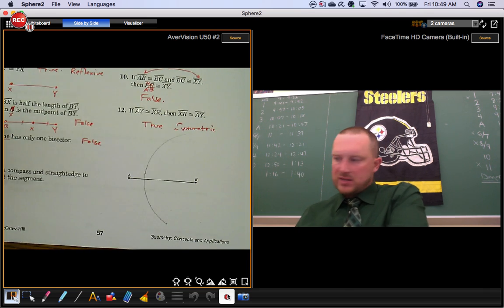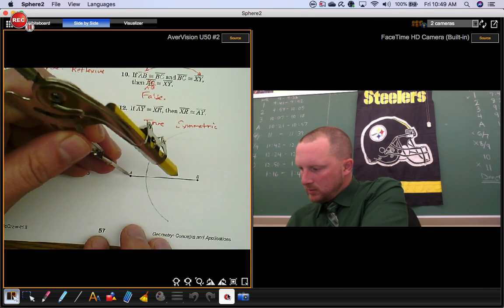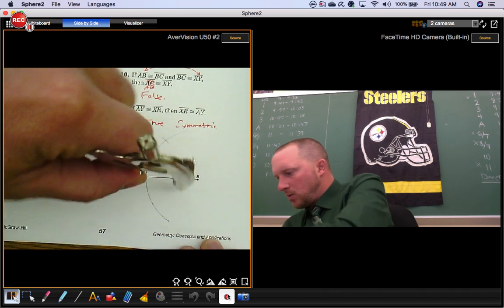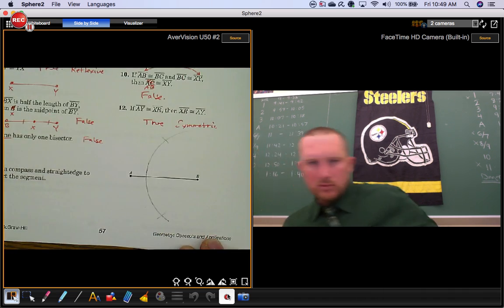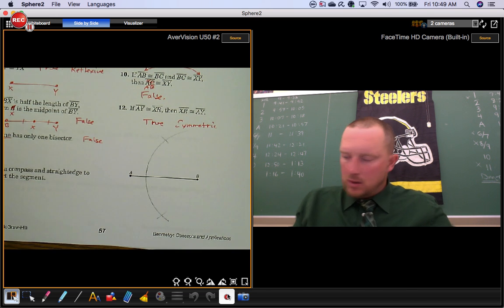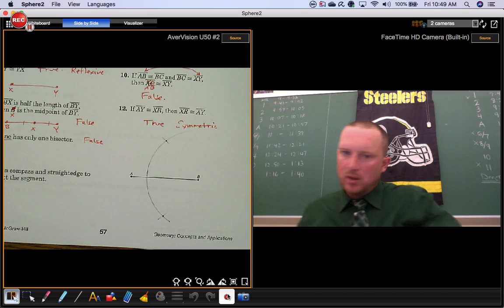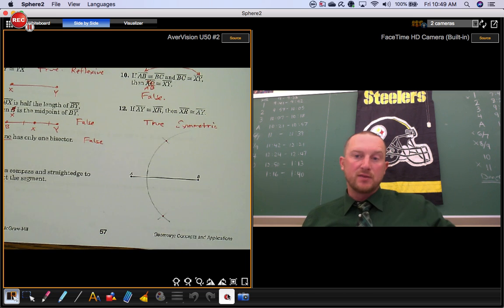Now, if you do the same thing to the other side, put your point at A and swing arcs, you're going to have some arcs that cross like that. And those points are important because if you would connect them, that would give you a bisector for the segment.